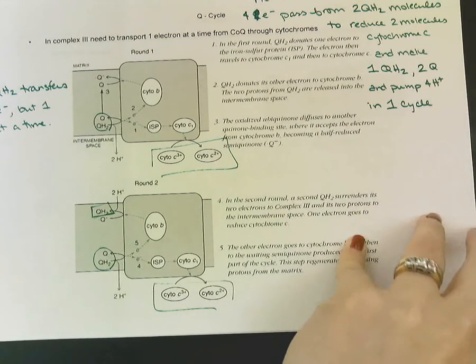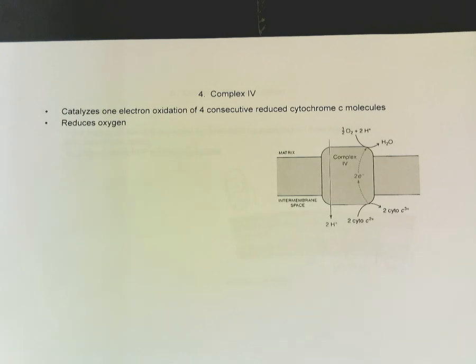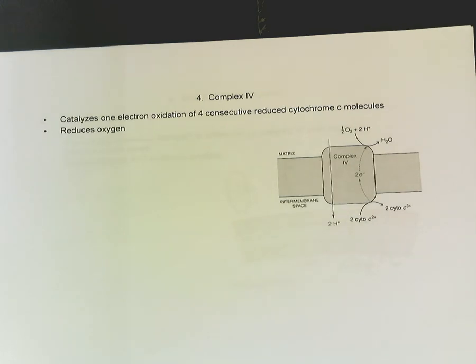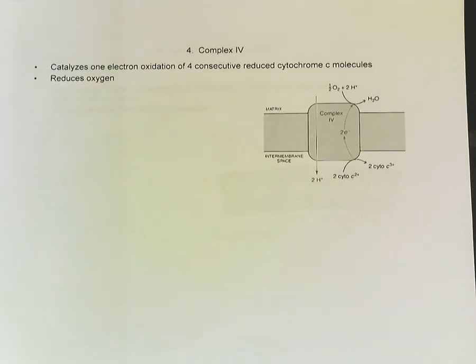So now we're ready to take those electrons and send them off to complex 4. We're getting real close to the big finale. Complex 4 catalyzes 1 electron oxidation of 4 consecutive cytochrome C molecules.